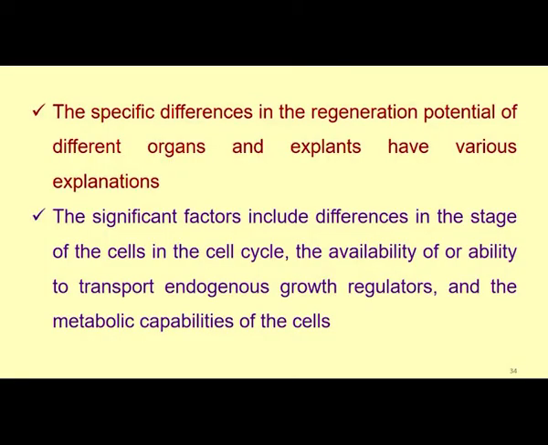The specific differences in the regeneration potential of different organs and explants have various explanations. The significant factors include differences in the stage of the cells in the cell cycle, the ability to transport endogenous growth regulators, and the metabolic capability of the cells.